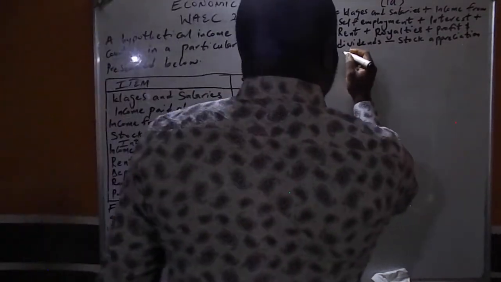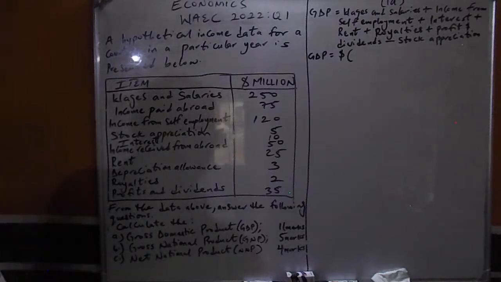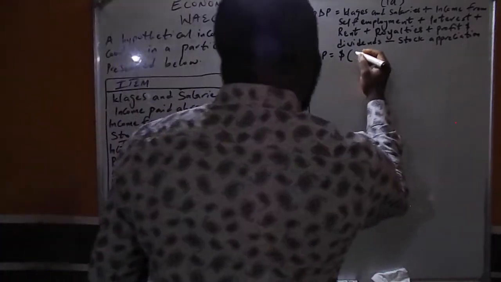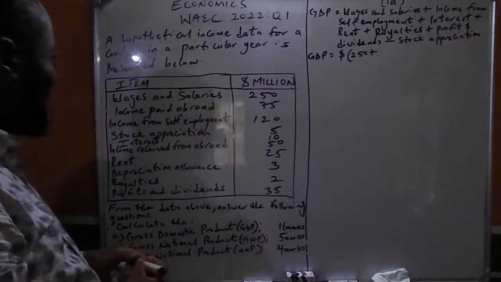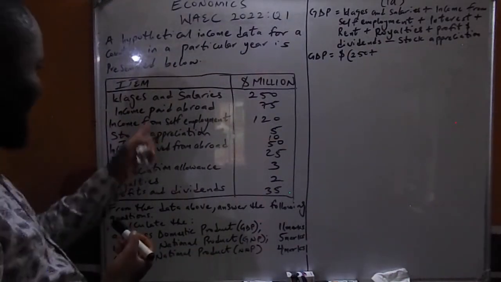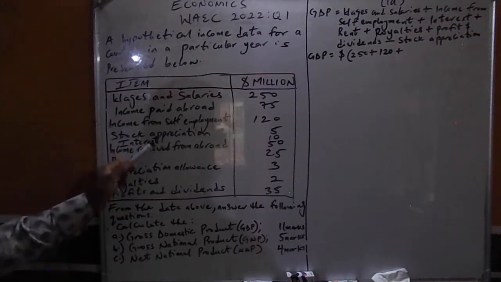Now the dollar, then bracket open. What do you have? Wages and salaries 250 plus income from self-employment 120 plus, after income from self-employment, what do you have?